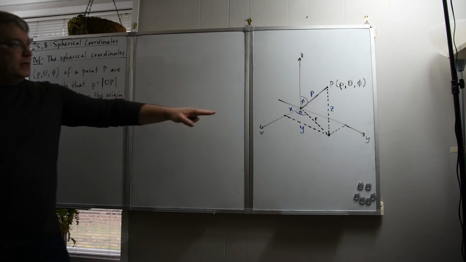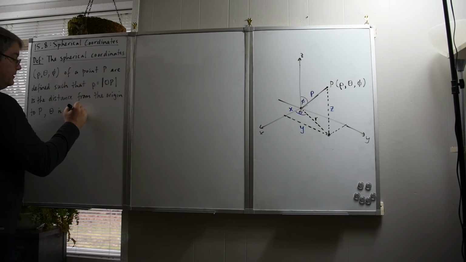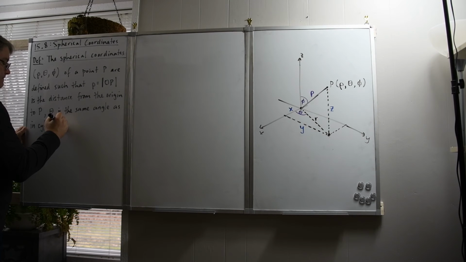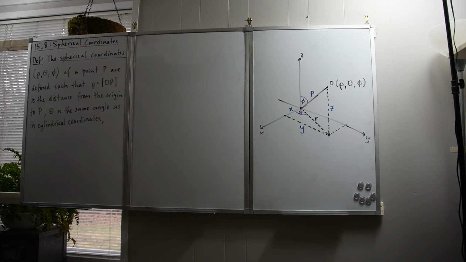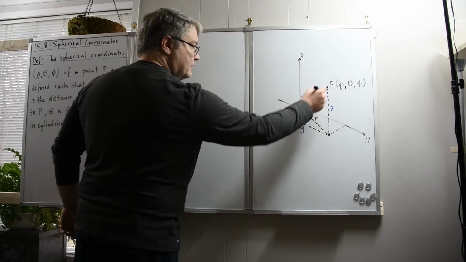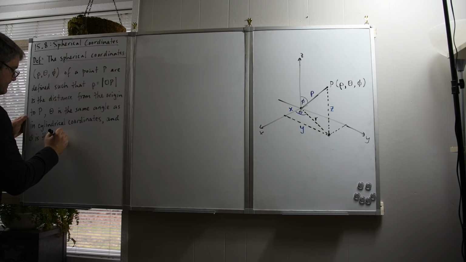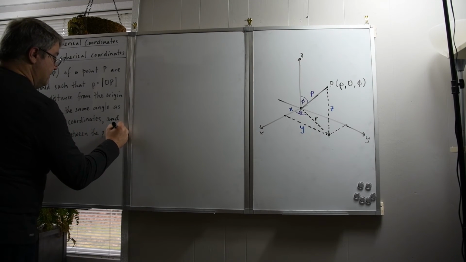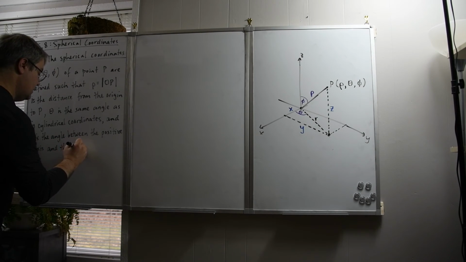So once again, rho, distance from the origin to the point P. Theta is the same angle that we see in cylindrical coordinates. And then finally, phi is the angle between the positive z-axis and this line segment OP. So again, the angle between the positive z-axis and line segment OP.